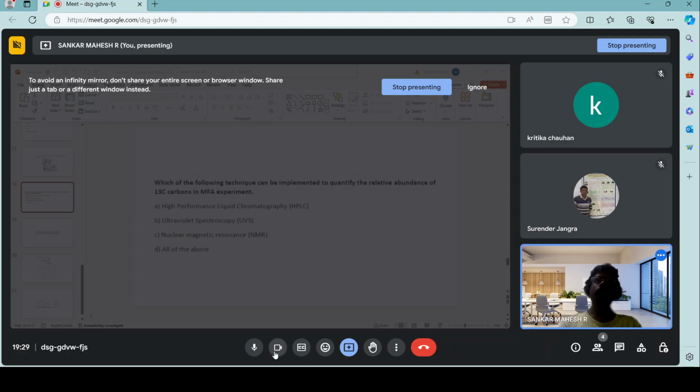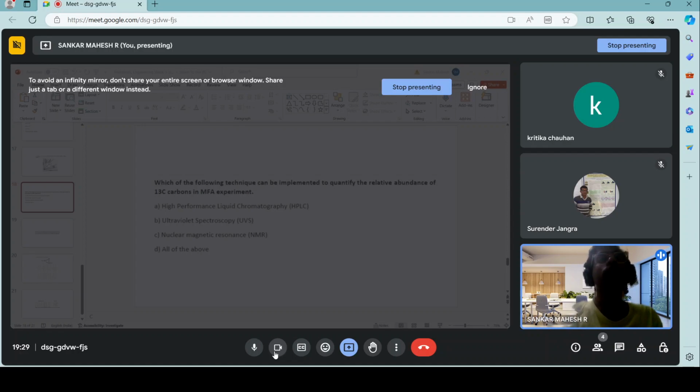Now, you take an estimate of how much of the glucose is being distributed. So what you do is you try to determine what fraction of a particular metabolite has this radioactive carbon.